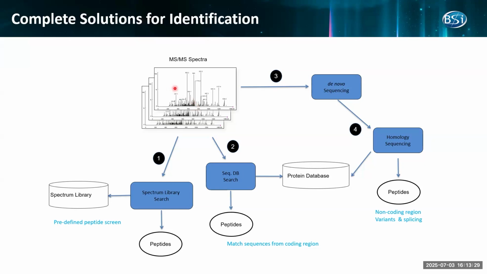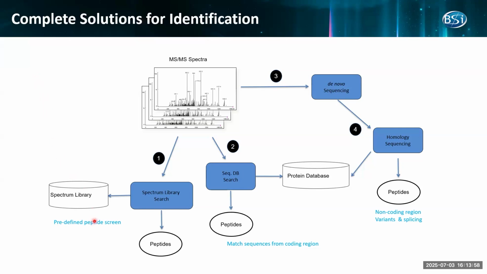Spectra-centric means given a spectrum, try to find a peptide you believe is a good match. Peptide-centric means given a peptide, go into the spectra and find the evidence for this peptide. So it's just based on the starting point.